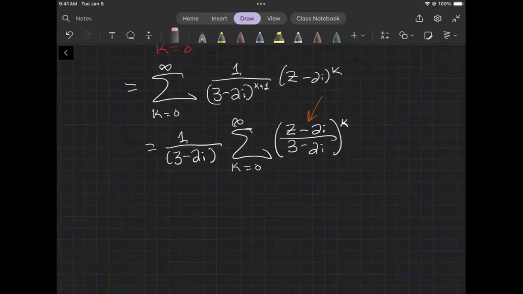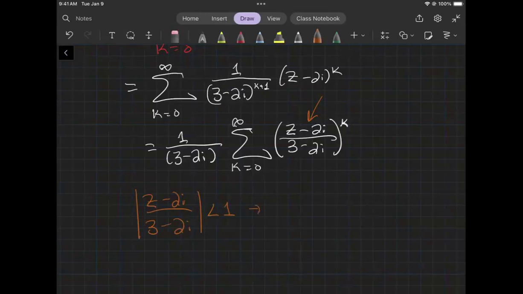It's all that raised to the k power. So what we want to do is figure out the radius of convergence. That would imply that this quantity in absolute value, the absolute value of z minus 2i over 3 minus 2i, has to be less than 1.